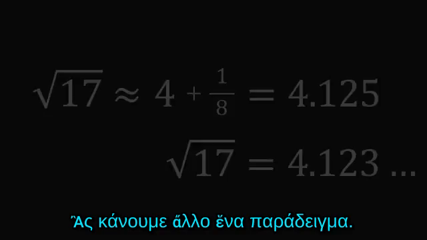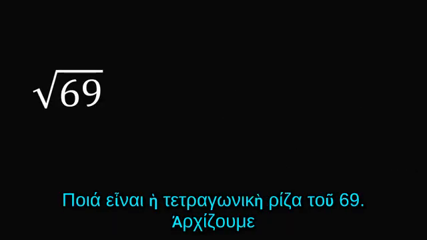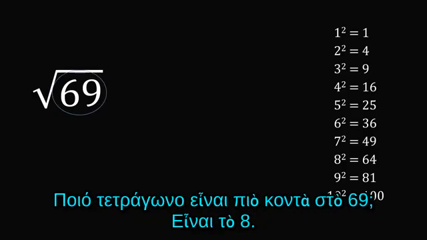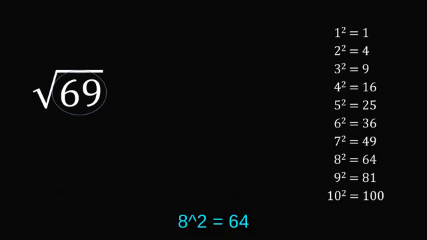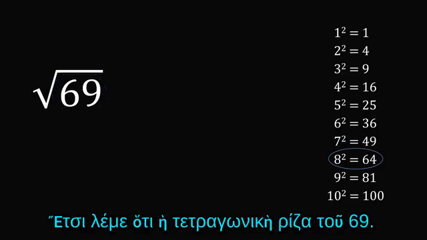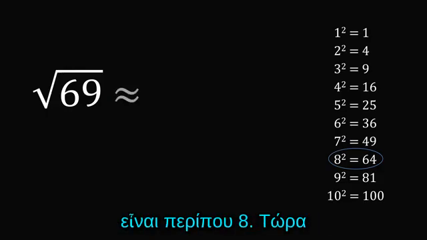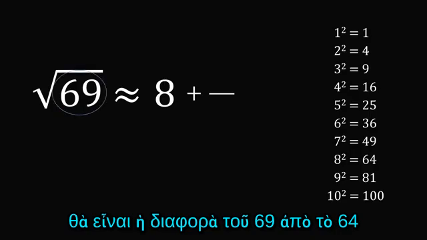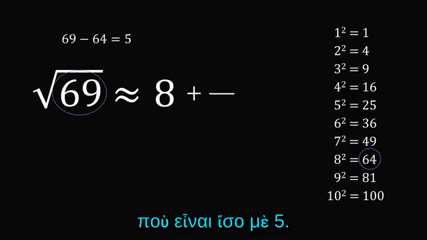So let's do another example. What is the square root of 69? We start out with our table of squares. Which square is closest to 69? This will be 8 squared, which equals 64. So we start out that the square root of 69 is approximately equal to 8. We now need to add an adjustment. The numerator will be the difference of 69 and 64, and that is equal to 5.